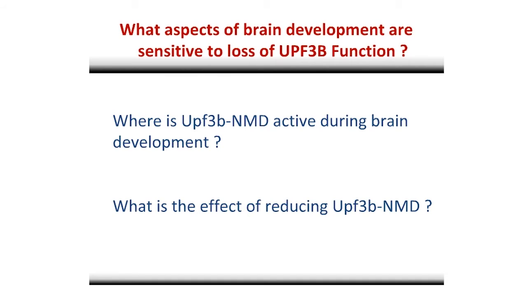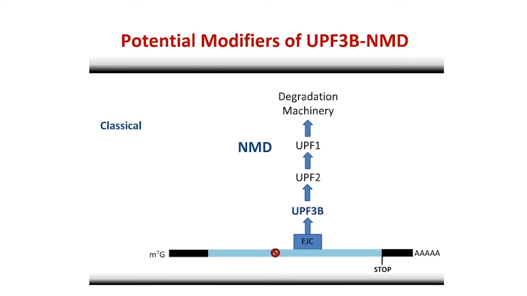So where to look? What we decided is that we wanted to know where UPF3B-dependent NMD was most active, but before that we were aware of some information. It's not just the expression of UPF3B that we were after, because we know there are modifiers to the outcome of nonsense-mediated mRNA decay.